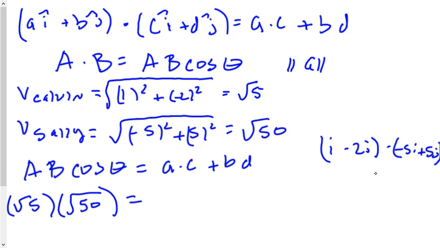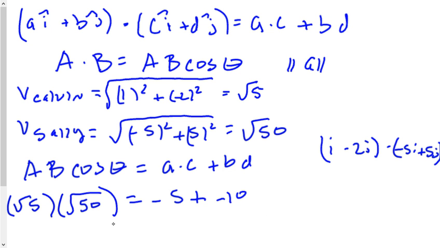So let's go ahead and do that then. I'm going to take this coefficient and multiply it by that one. So that's going to be a negative 5, because 1 times a negative 5 is a negative 5, plus, let's take our negative 2 and multiply it by a positive 5, a negative 10, which is going to equal negative 15.